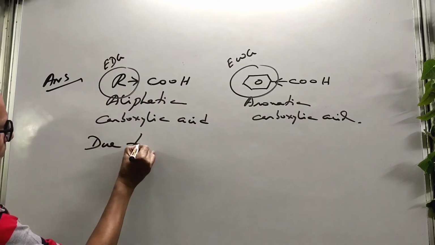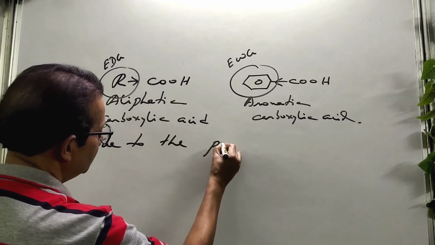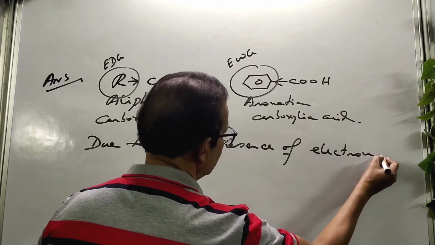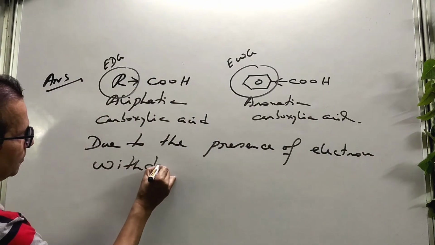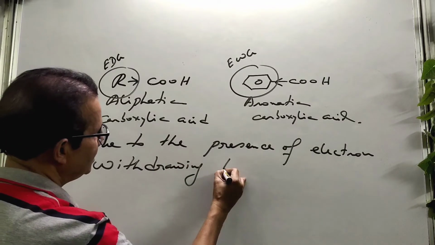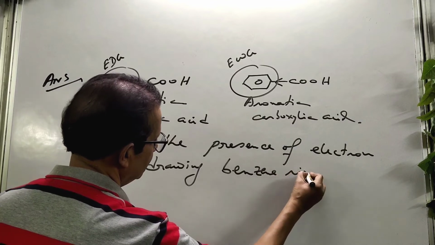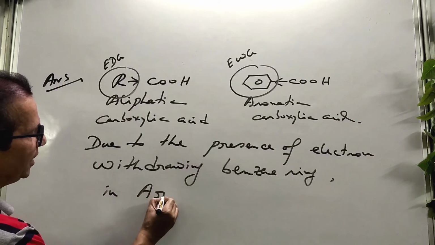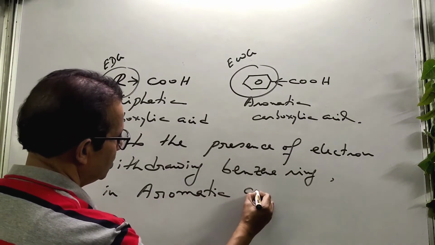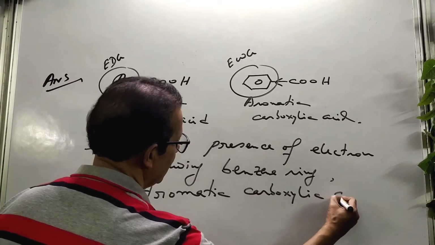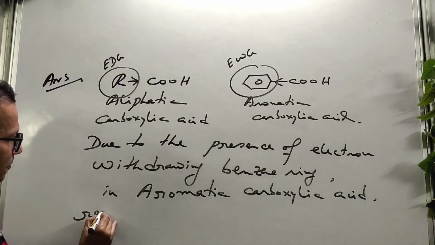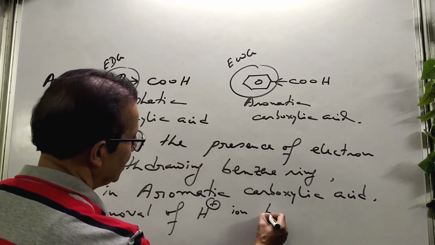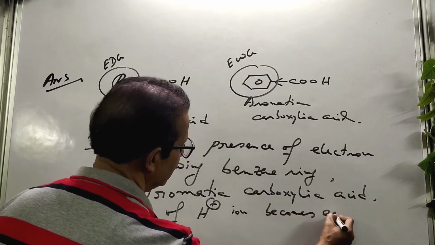Due to the presence of electron withdrawing benzene ring, removal of H positive ion in aromatic carboxylic acid becomes easier.